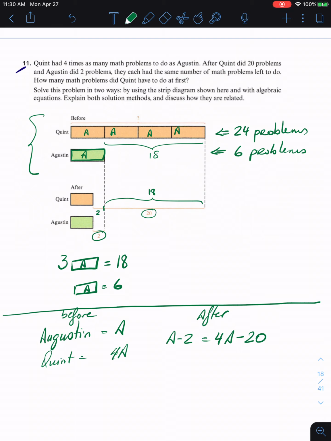So at this point, we can look at the equation, right, and see if we can solve the equation. So if we have A minus 2 and 4A minus 20. So we can do a couple of things. We can say A is on both sides.